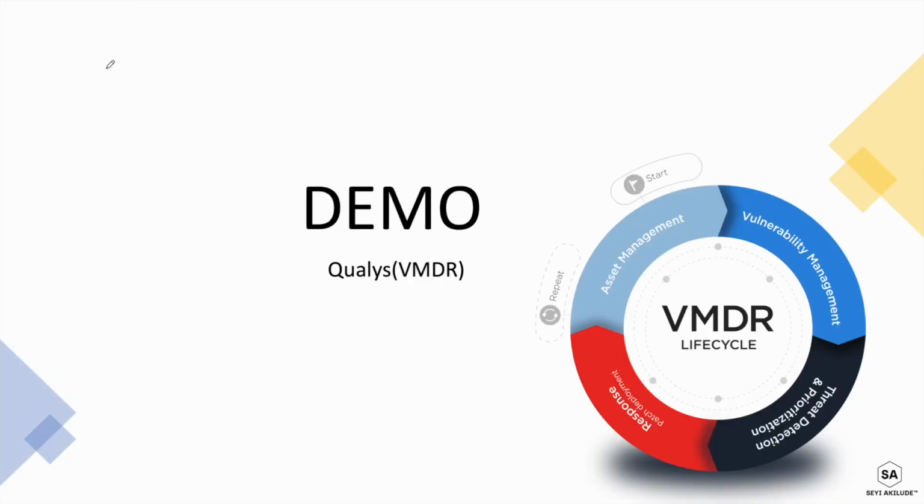Okay, so what are the 6 processes that I intend to use Qualys to implement? Number 1 is to identify assets. Number 2 is to prioritize the assets.